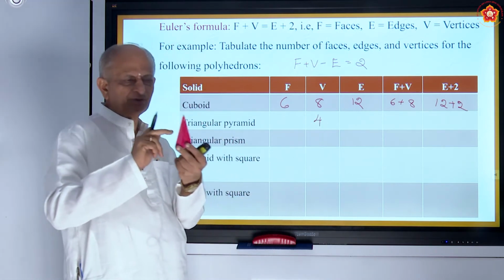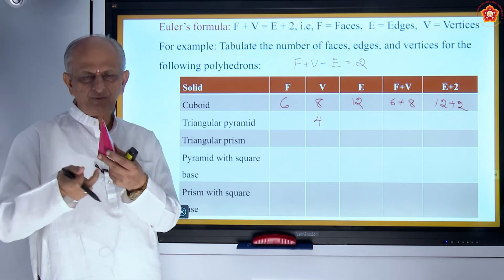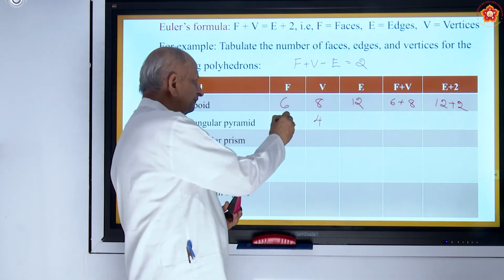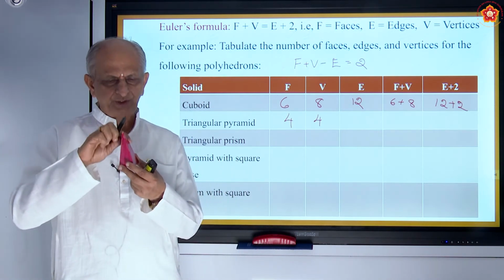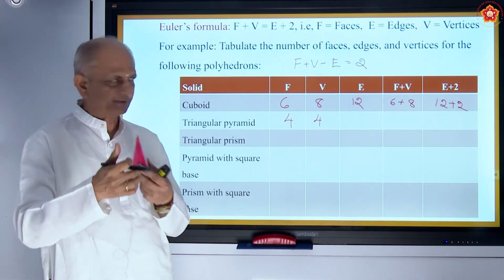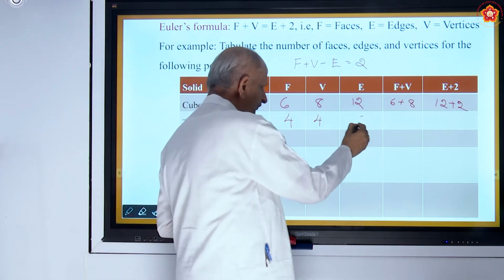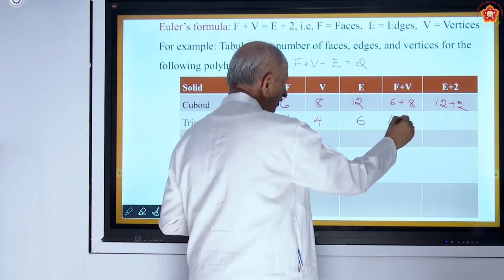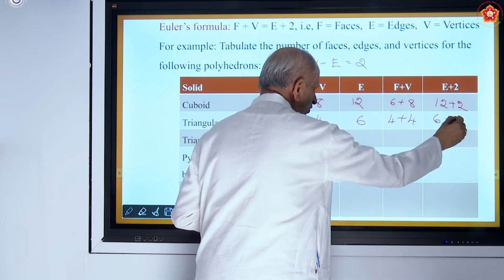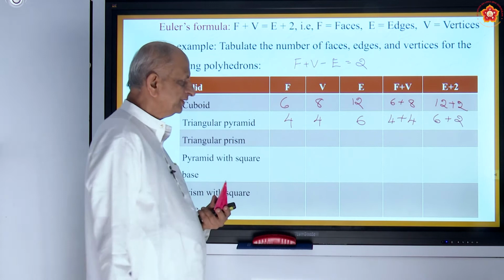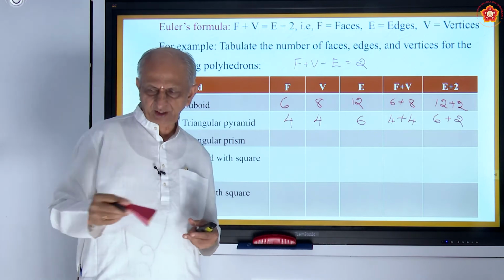How many faces? 1, 2, 3, 4 polygons. And how many edges? 1, 2, 3, 4, 5, 6. 6 edges. So, 4 plus 4 is equal to 6 plus 2. What is 4 plus 4? 8.